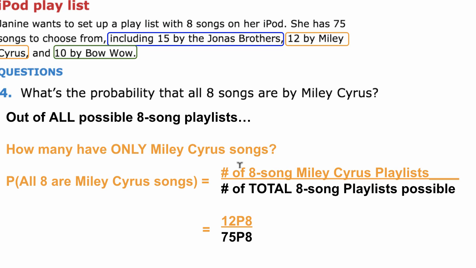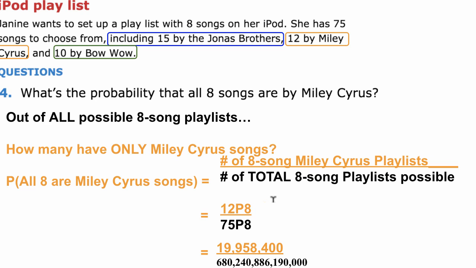But basically, just like we did with the Jonas Brothers, if you want just Miley Cyrus songs, instead of 15P8, we have 12 Miley Cyrus songs, so 12P8. I'm picking 8 songs from 12. That's the total number of Miley Cyrus playlists. And then my denominator is the number of total 8-song playlists. If we punch those in, 12P8, again on Desmos, is about 19 million.